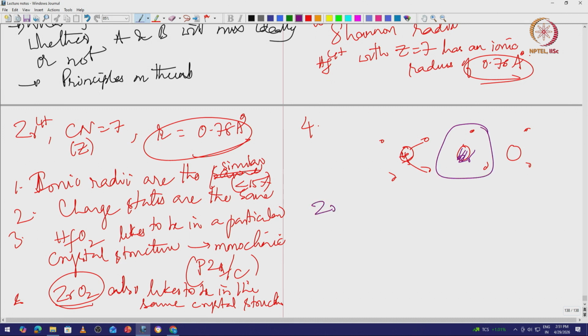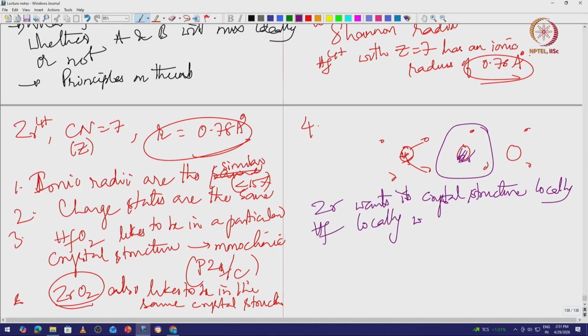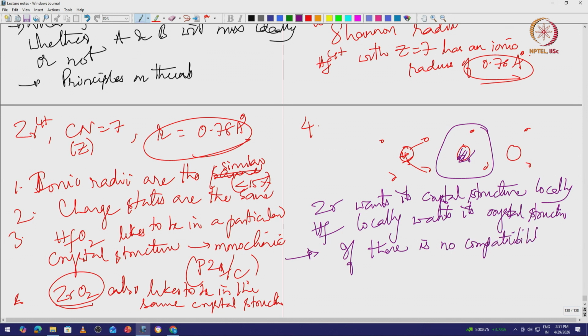Zirconium locally wants its crystal structure. Hafnium locally wants its crystal structure. If there is no compatibility, if zirconium prefers some hexagonal crystal structure and hafnium prefers some monoclinic crystal structure, they will strain each other.